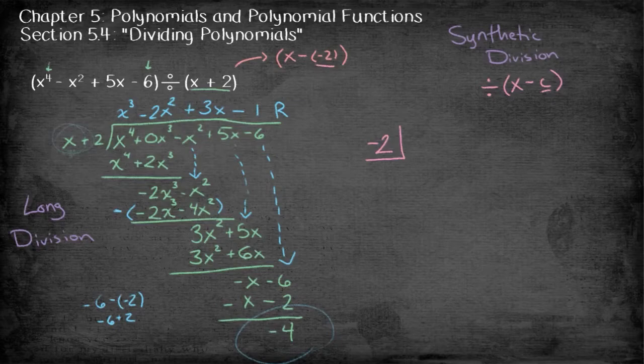So the coefficient of x to the 4th is 1. There is no x cubed, so its coefficient is 0. Coefficient of x squared is negative 1. The coefficient of x is positive 5, and the constant term is negative 6.